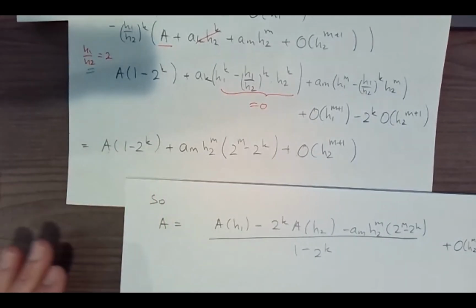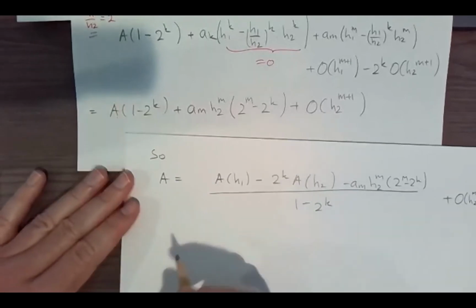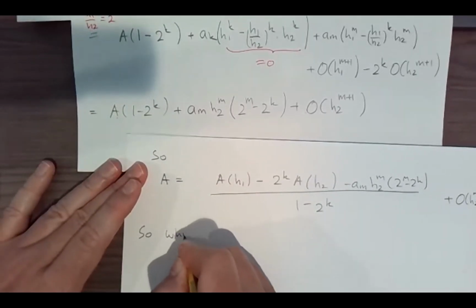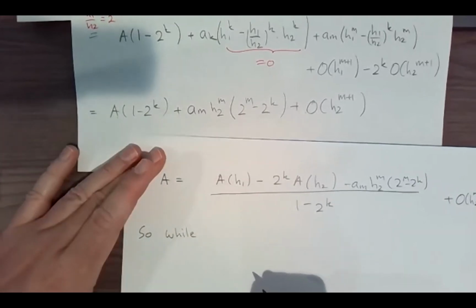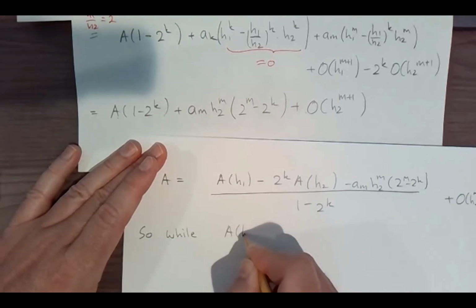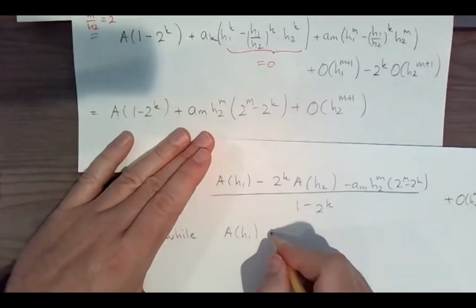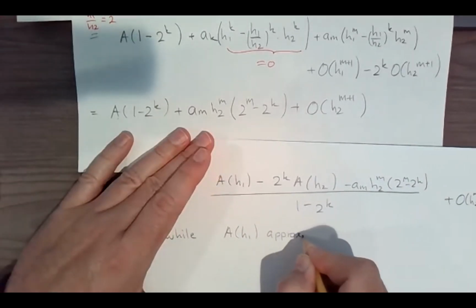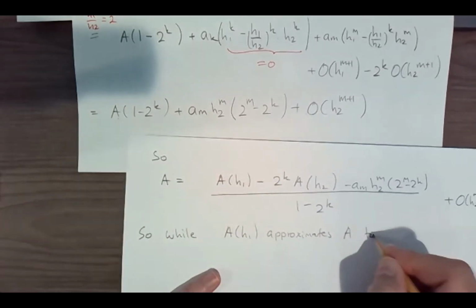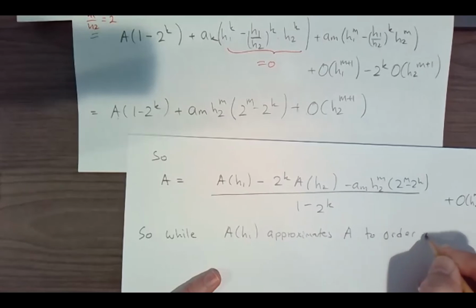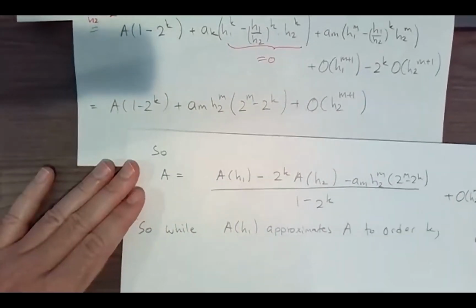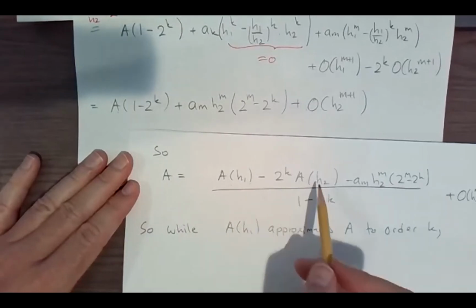And so what we see here is that while a of h1 approximates a to the order k, we'll have that this difference does much better.